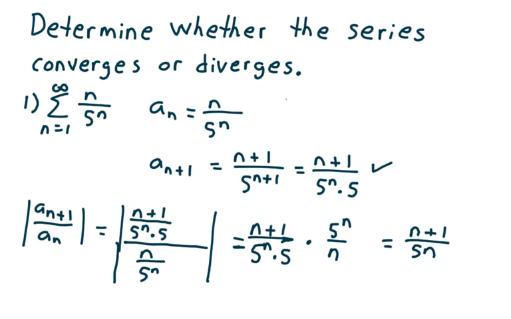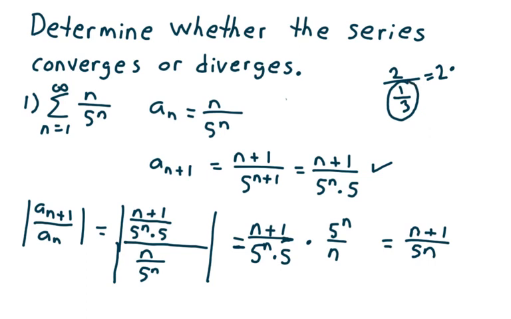Okay? Now, we can get rid of those absolute values, and we can write this as n plus 1 divided by 5 to the n times 5, times 5 to the n over n. So notice when you divide by a fraction, if we take a numerator and divide by a denominator that's a fraction, we can take this numerator and multiply by the reciprocal of the denominator.